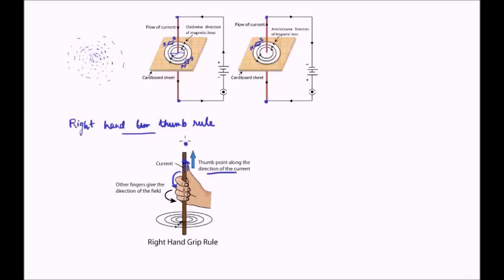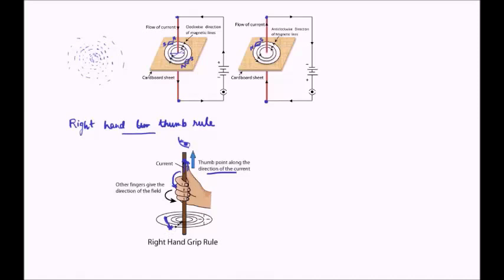If you observe from top, then the direction of fingers being curled is anti-clockwise. Therefore, at any point, let's suppose this point, what will be the direction of magnetic field? The direction of magnetic field will be in this direction, that is tangential to the concentric circle here.